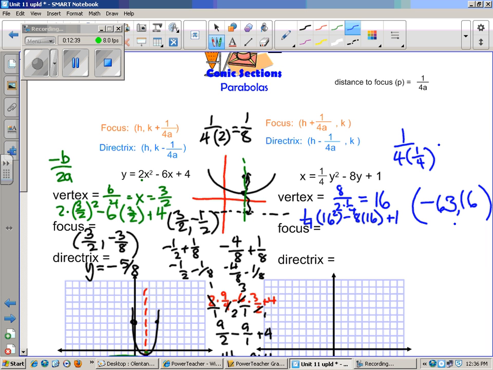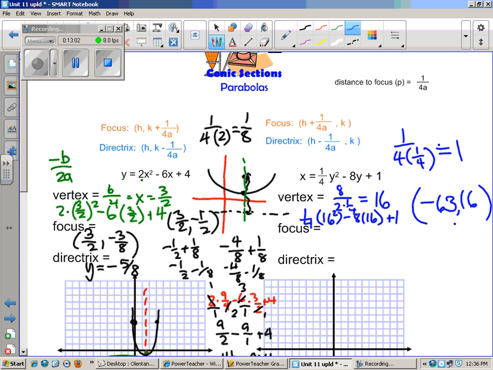What's 4 times 1/4? 1. So the distance between my vertex and my focus is adding 1, and the distance between my vertex and my directrix is subtracting 1. Does that make sense? Okay?